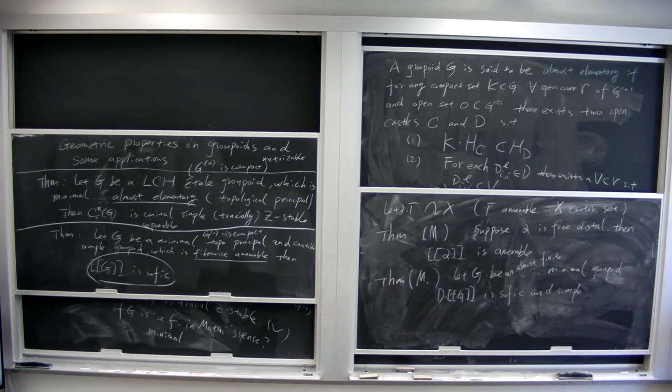Choose a free point X, and consider the partial orbit Fn times X, where Fn is a Folner sequence of gamma.